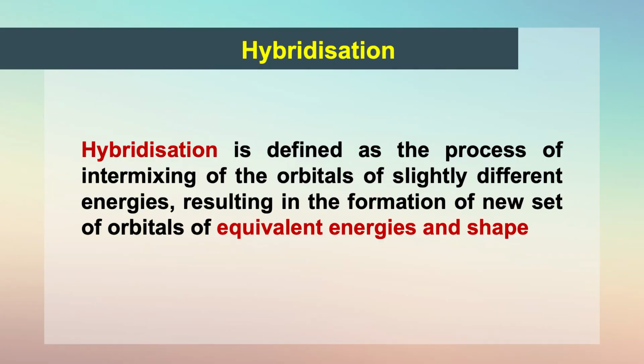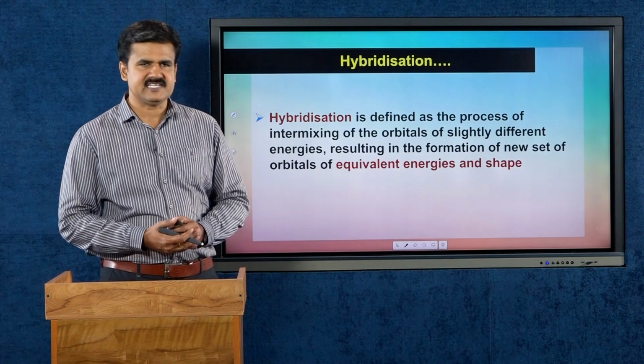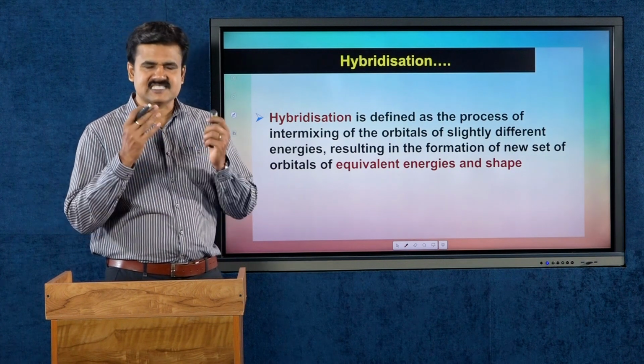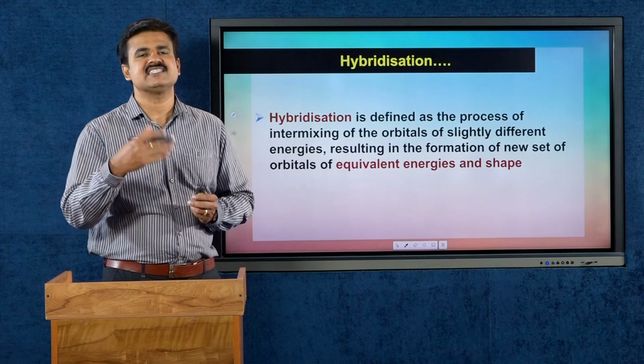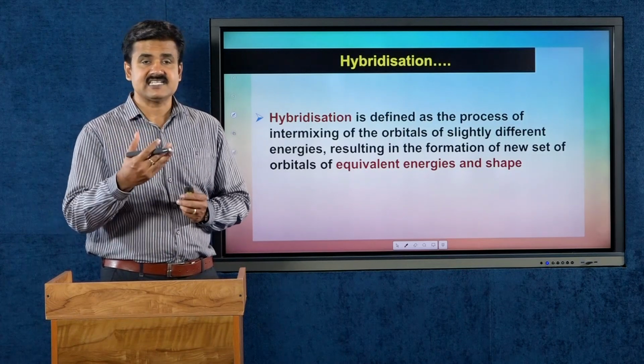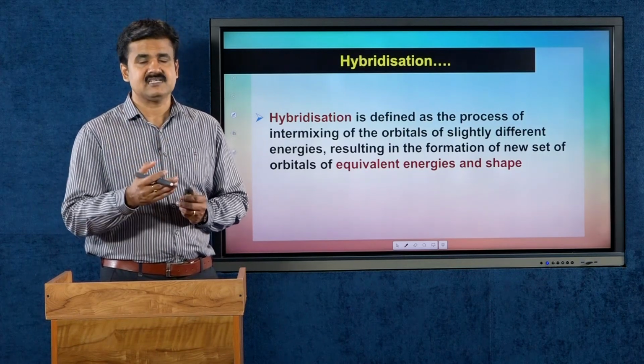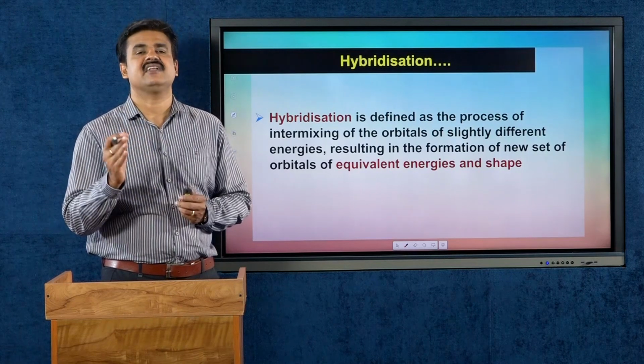Hybridization is defined as the process of intermixing of orbitals of slightly different energies, resulting in the formation of a new set of orbitals of equivalent energies and shape. That is, hybridization is the mixing up or combination of a set of orbitals having nearly the same energy. The result is a group of orbitals with identical energy and shape.